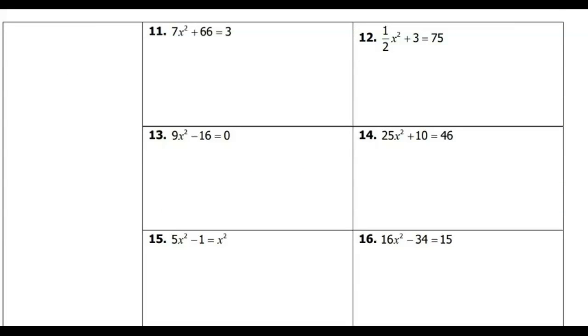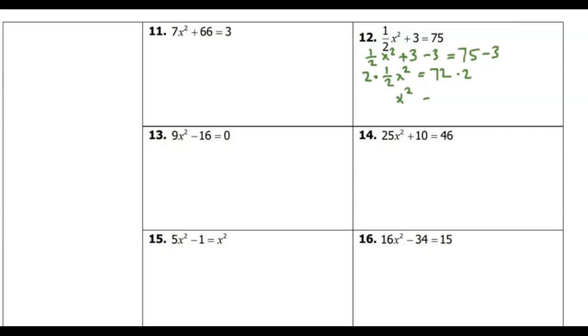Here's just a few examples where we have more transformations. We're going to look at number 12. If we have more transformations, we just need to take a few more steps. The first thing we'll do is isolate the x squared, so we subtract 3 from both sides, and we'll end up with 1/2 x squared equals 72.